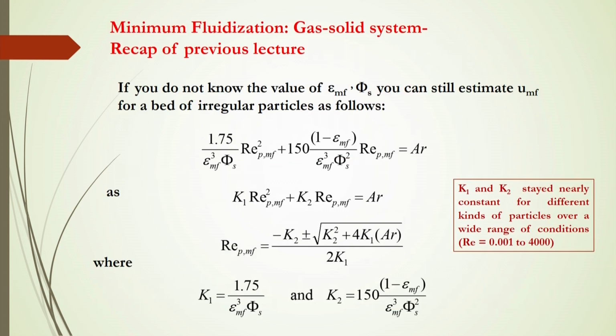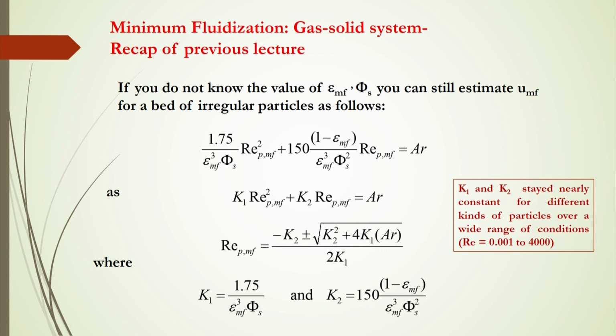Now, you know that for a gas-solid system, the minimum fluidization velocity is also represented in a different way, in terms of some parameters K1 and K2.